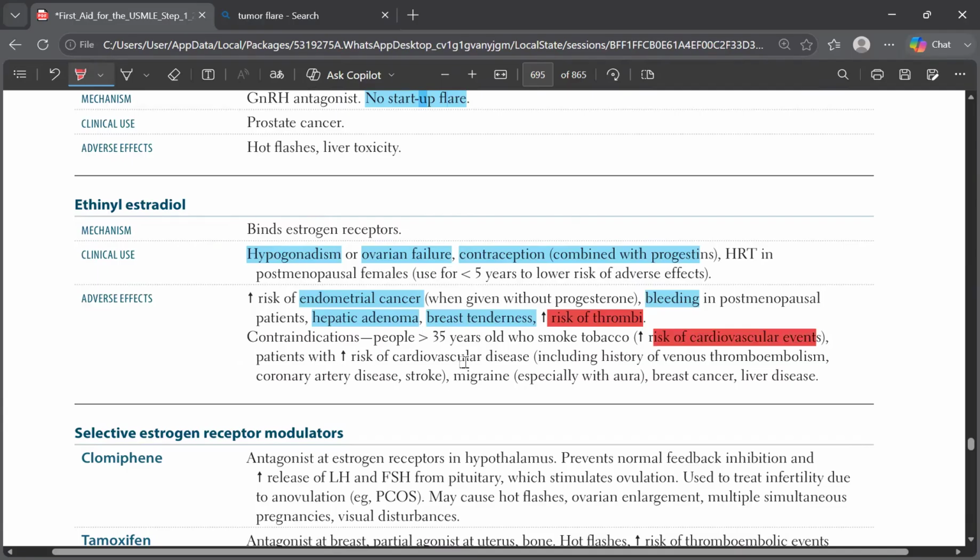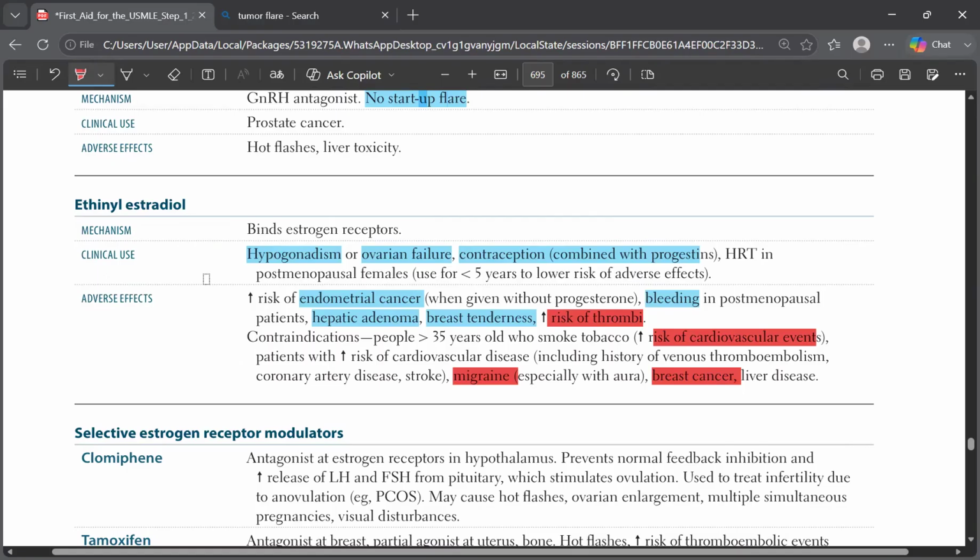Also contraindicated are patients with increased risk of cardiovascular disease, including history of venous thromboembolism, coronary artery disease, stroke, and migraine, especially with aura, and breast cancer and liver disease. Because estrogen acts on the breast and it is going to make it worse, and also liver disease.